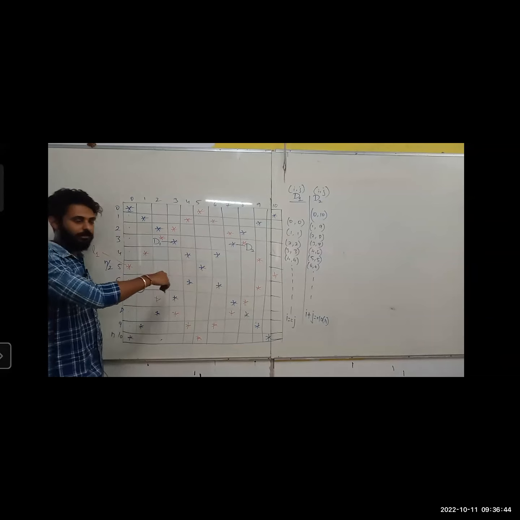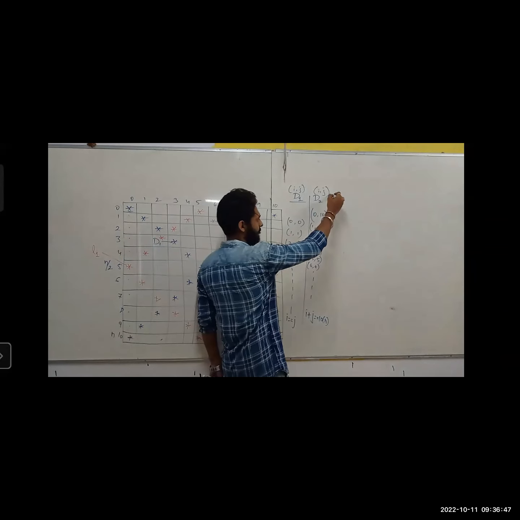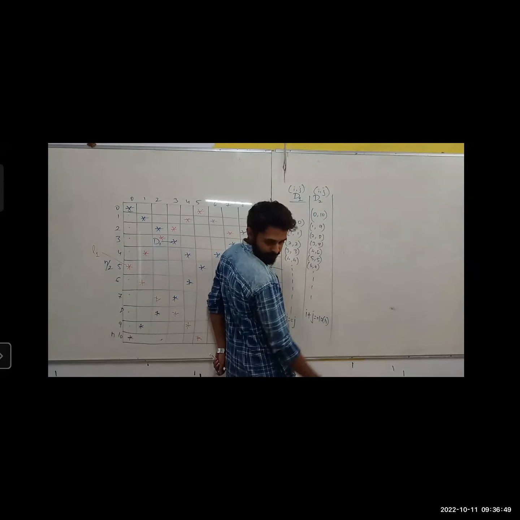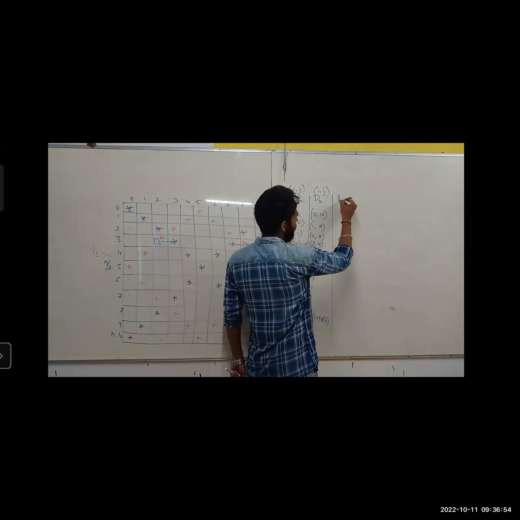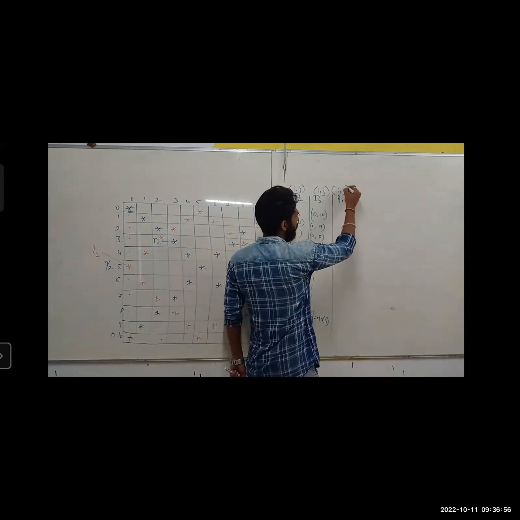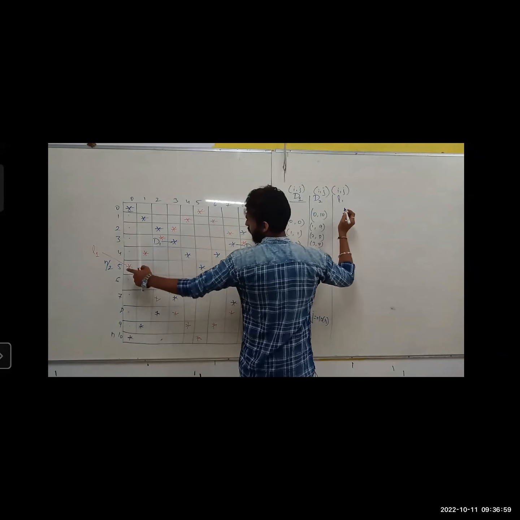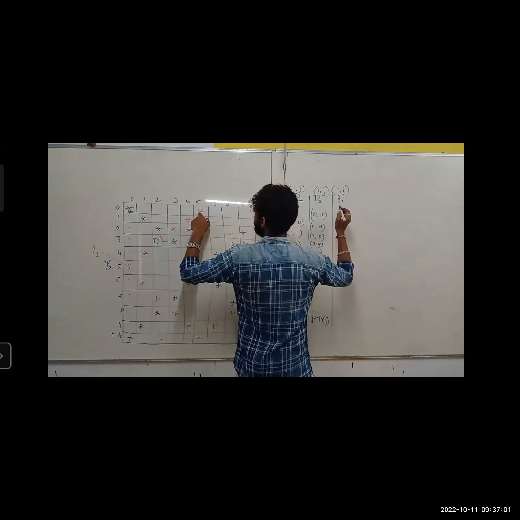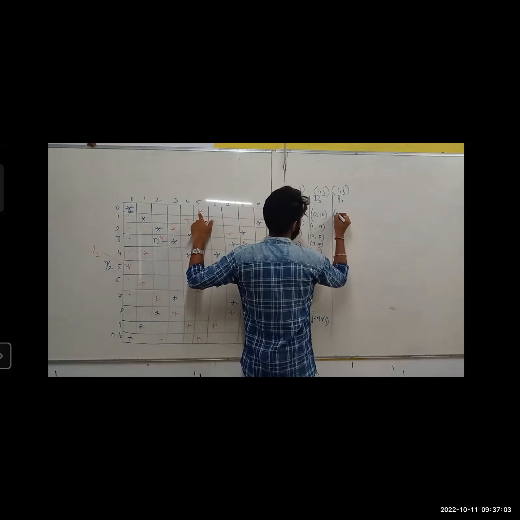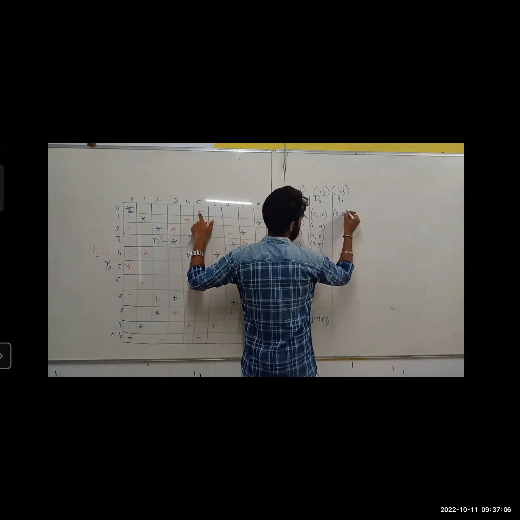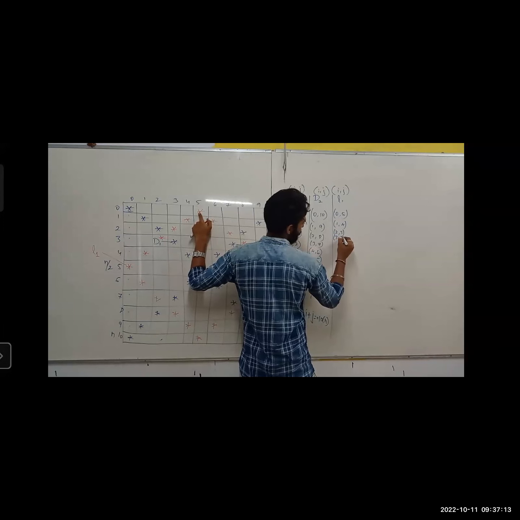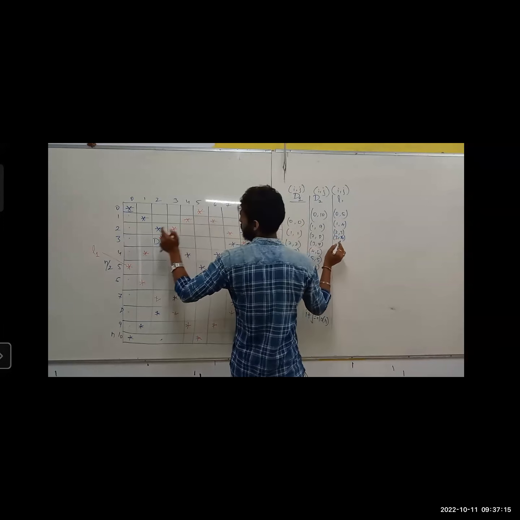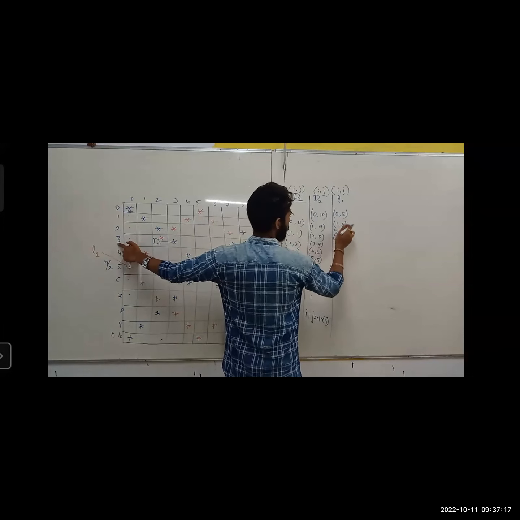This line is done. Next one is L1. For that also, again I will follow I comma J. The values here, how much are they? I is 0, 1, 2, 3, 4, 5, 4, 3, 2.